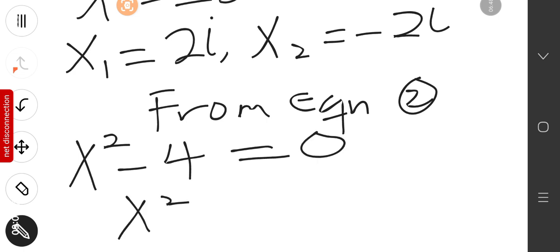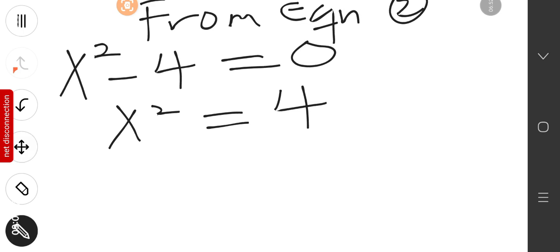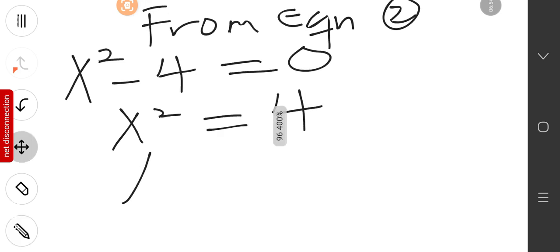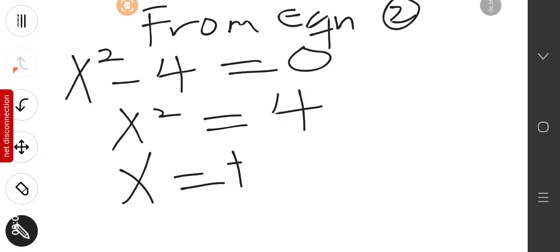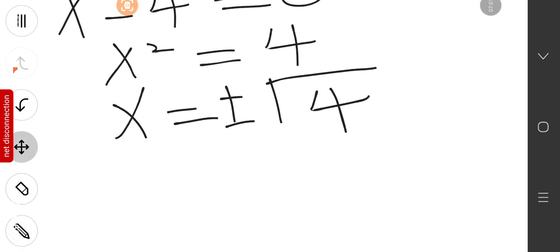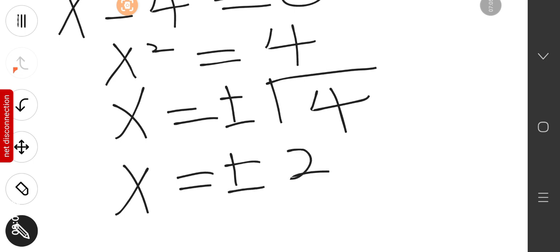So x squared equals 4. x equals plus or minus the square root of 4. x is equal to plus or minus 2.